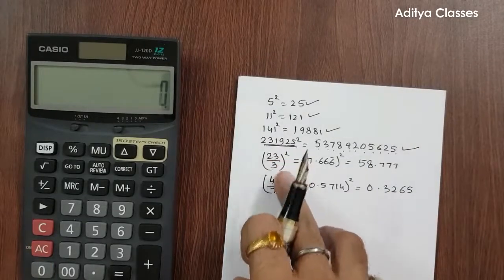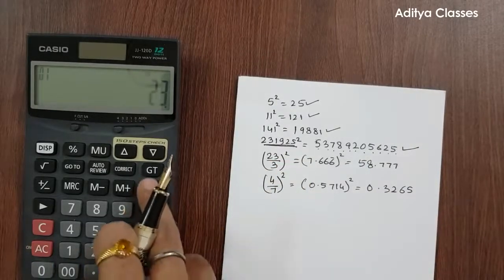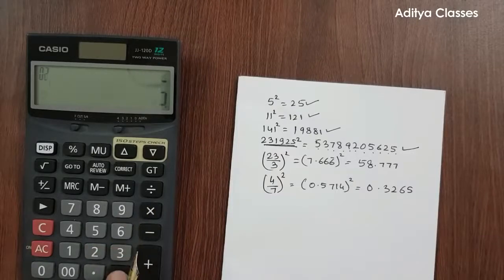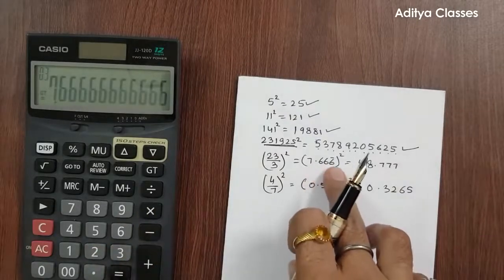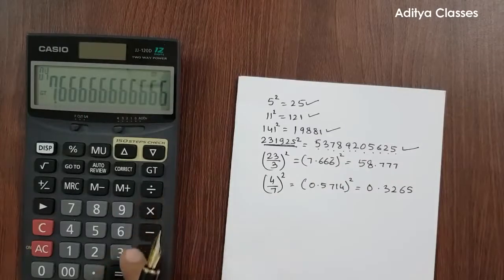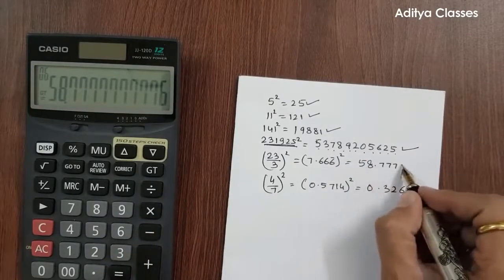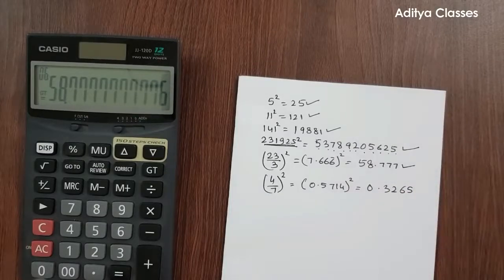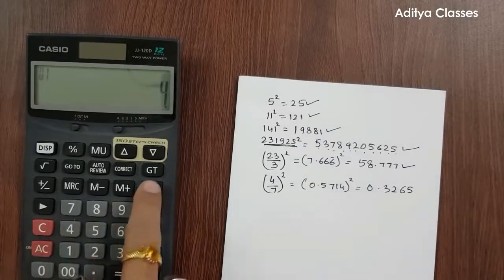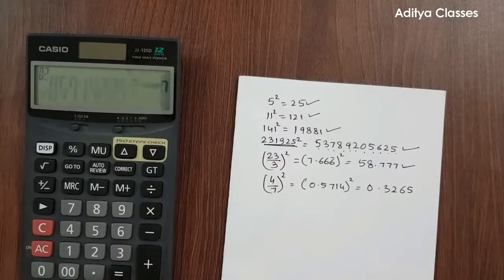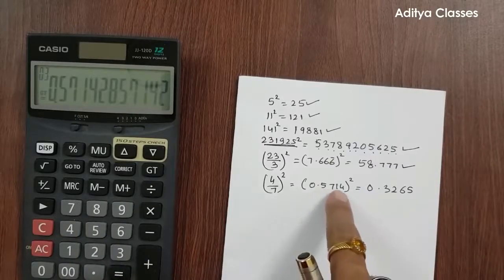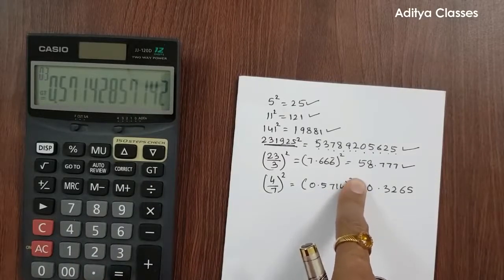Next, let us try this one. 23 divided by 3 is equal to 7.66. Now what I'll do is multiply is equal to, yes, 58.77. Now last one. 4 divided by 7 is equal to 0.5714, and we need square of this.